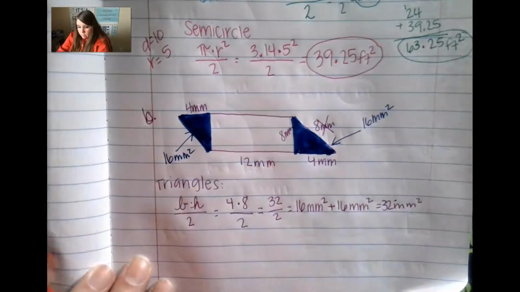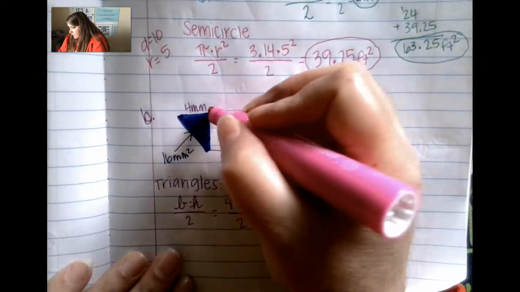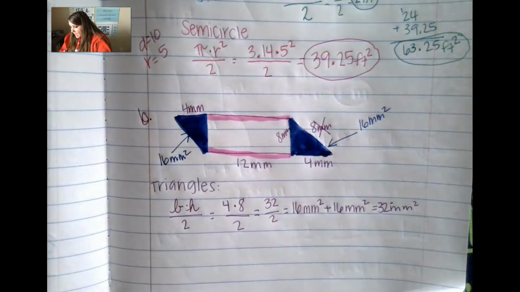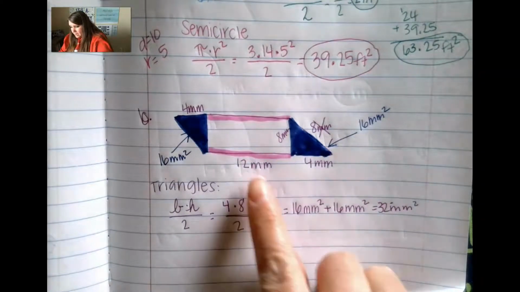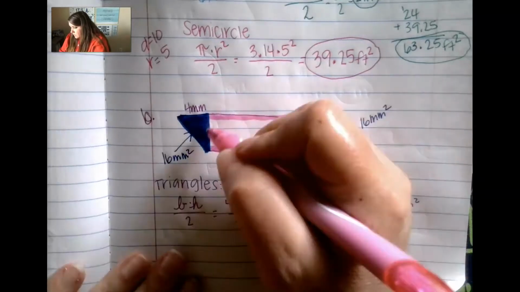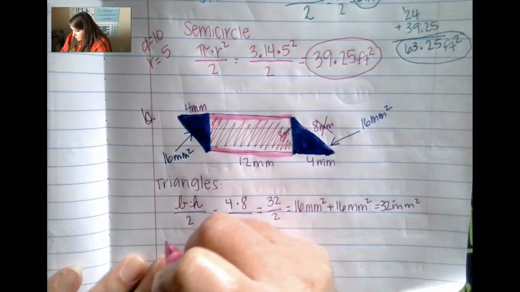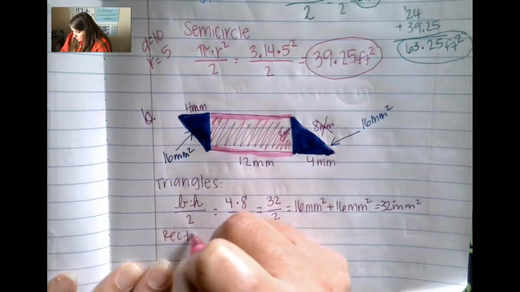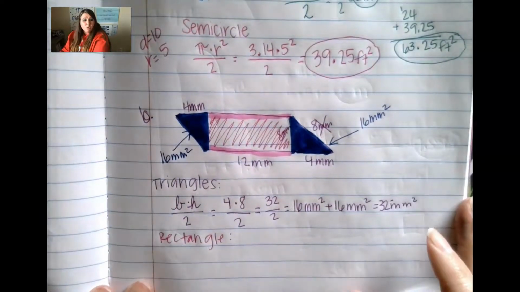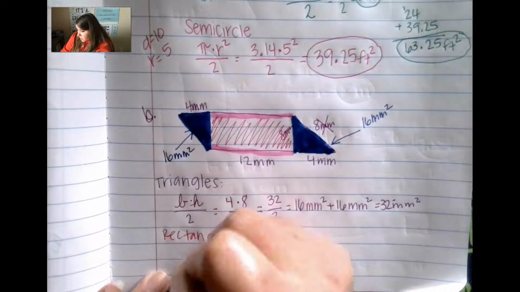Our rectangle has a height of 8 and a base of 12. So all of this part on the inside here is the rectangle. Again, these are so much easier to solve if you draw it out and color it yourself so that you can see the different parts.